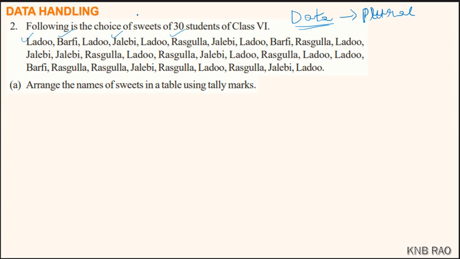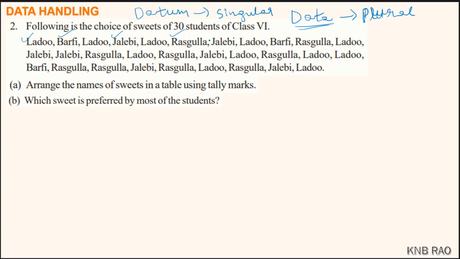Singular to this word data is datum. So, datum is a single piece of information. Data is a collection of pieces of information, and datum is a single piece of information, which is singular. Okay. So, just for your information I gave this singular word.